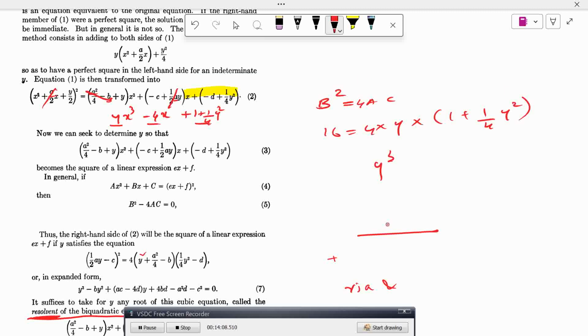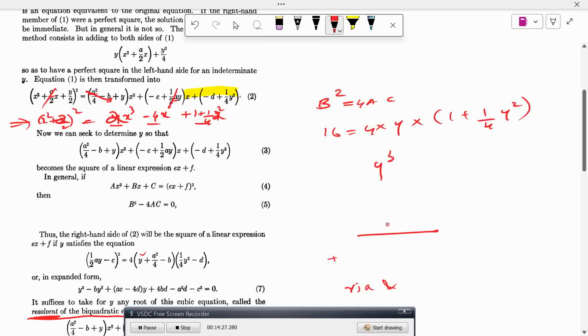Here this term was x square plus y by 2 whole square. So consider this equation, and put the value y equal to 2 everywhere where y is there. So what you will get?